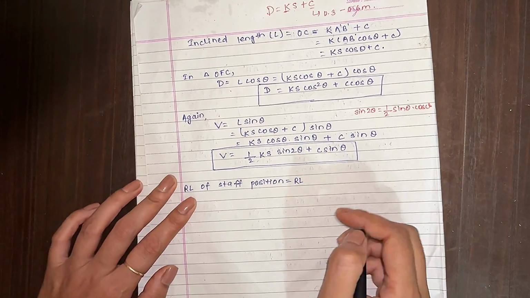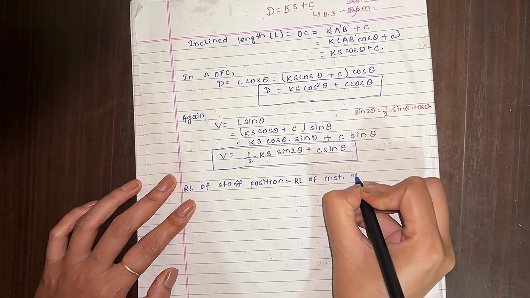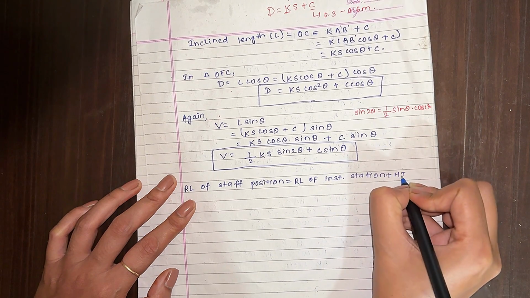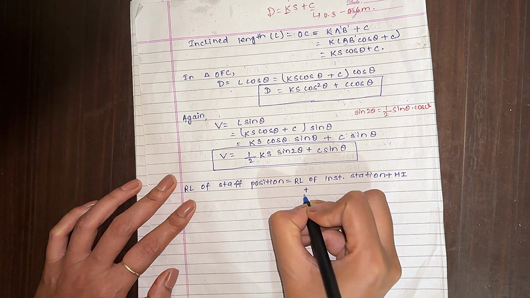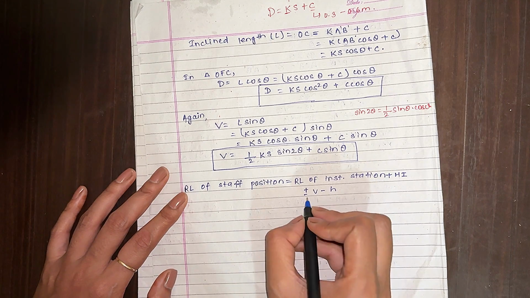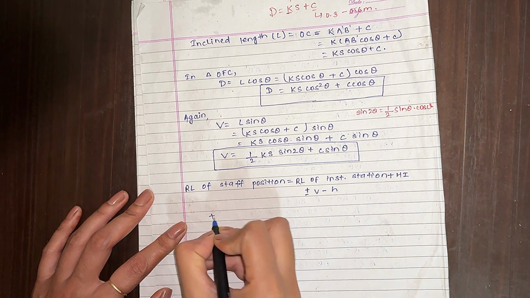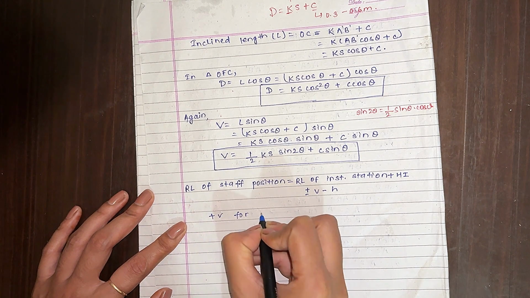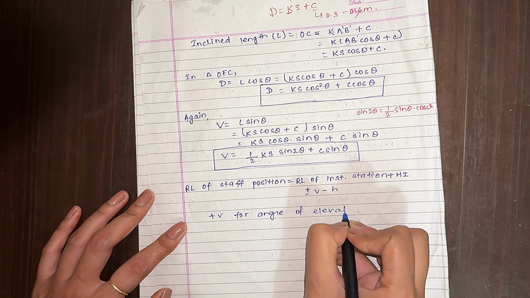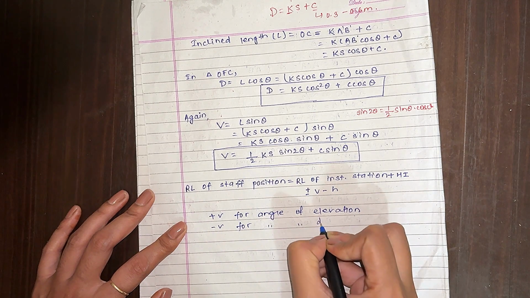That will be RL of instrument station plus height of instrument plus or minus V minus H. So V is positive for the angle of elevation and negative for the angle of depression.